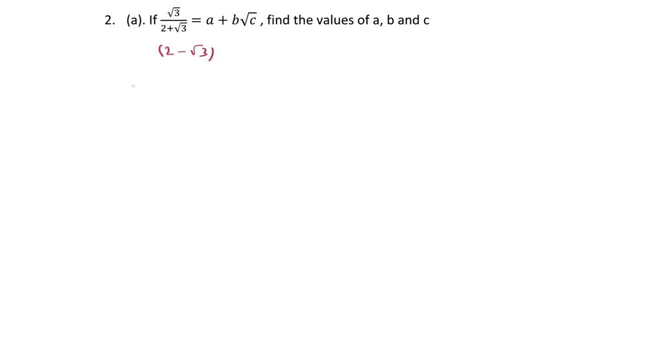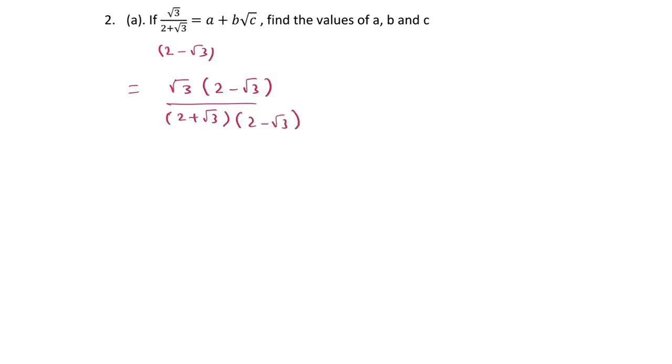Okay, so rationalizing this, we are going to have under root 3 times in brackets 2 minus under root 3 over in brackets 2 plus under root 3 times 2 minus under root 3.